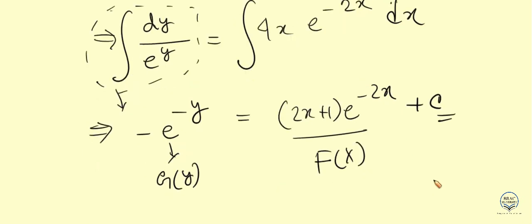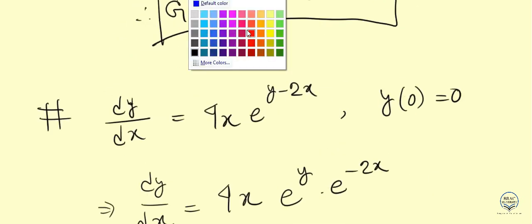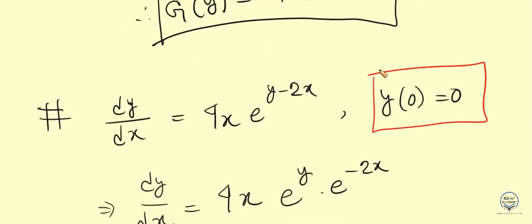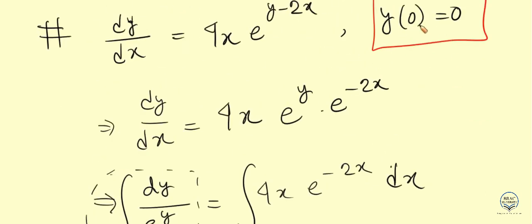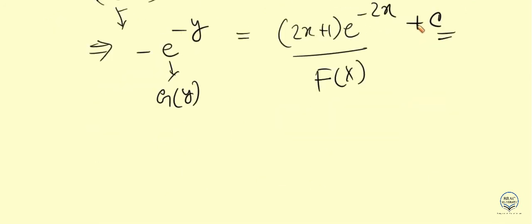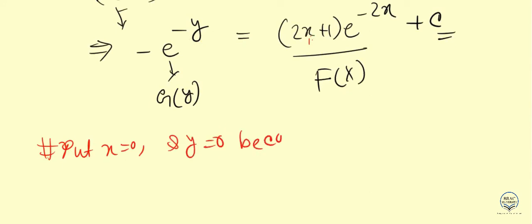And now what we want to do, we want to use this piece of information over here to find out what is c. So notice, when x equals 0, y of 0, that is y, is also 0. So first you need to put x equals 0 and y equals 0, because y of x, that is y of 0, is equal to 0.